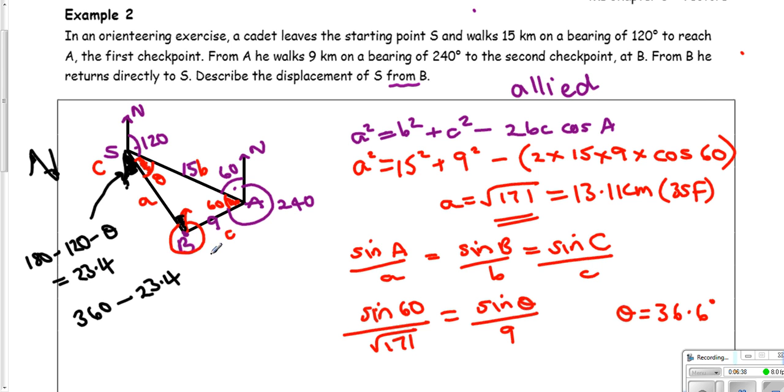And so that whole big red term there would work out to be 337 if we're doing it to three significant figures. So the answer to the question is that S is on a distance of 13.1 kilometres from B on a bearing of 337. So remember, displacement, you have to give an actual length, and you have to also give an angle or a direction.